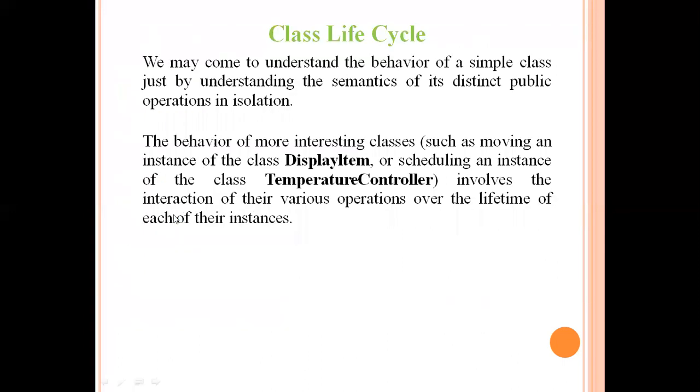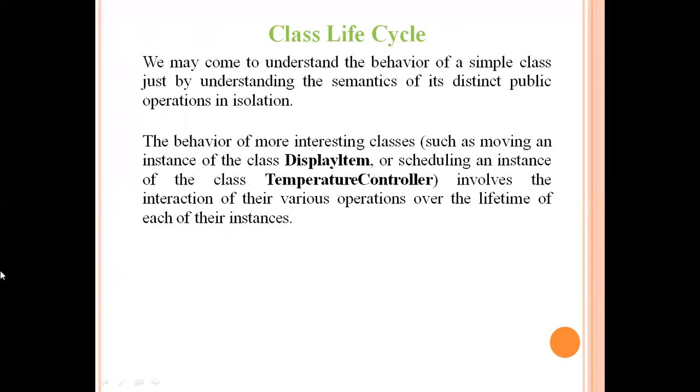Next, what is the life cycle? That is the life cycle of an object. We may understand the behavior of a simple class just by understanding the semantics of its distinct public operations in isolation. The behavior of more interesting classes involves the interaction of their various operations over the lifetime of each of their instances. So each object has its own lifetime.